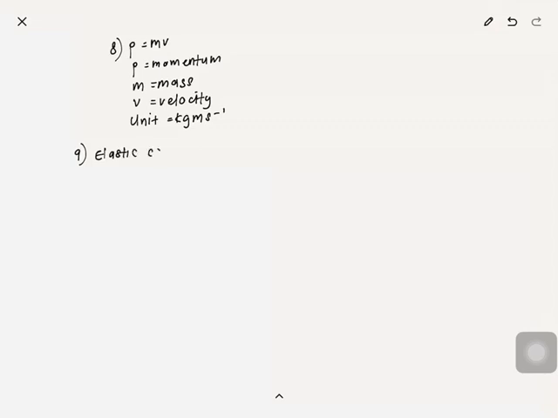And number 9, elastic collision. It is very important to know what is meant by elastic and inelastic collision. Elastic collision basically means that after colliding, the objects move separately as two different things.